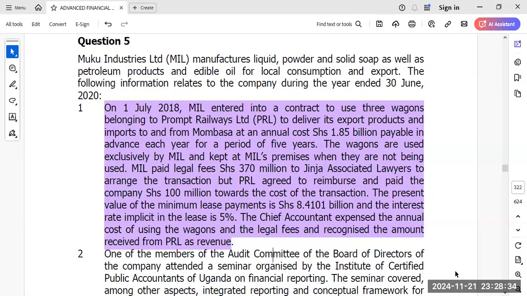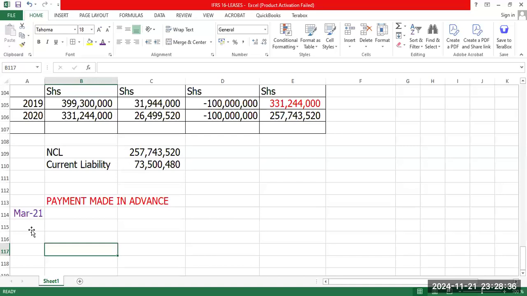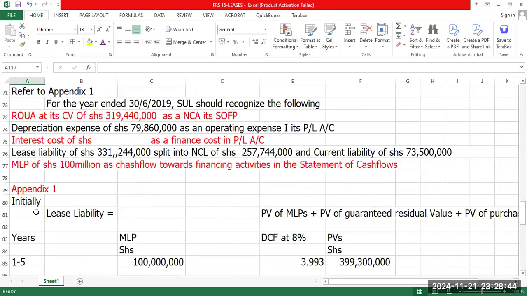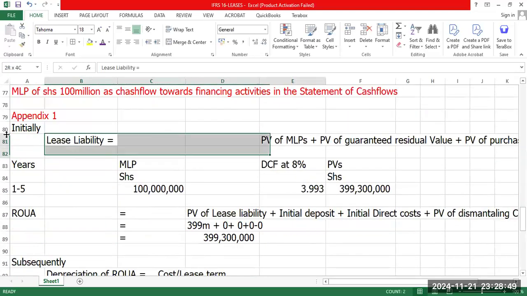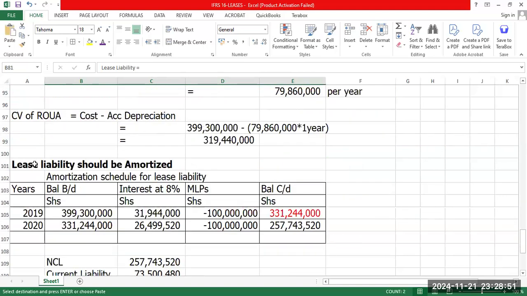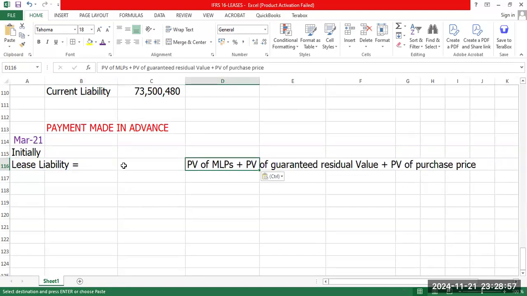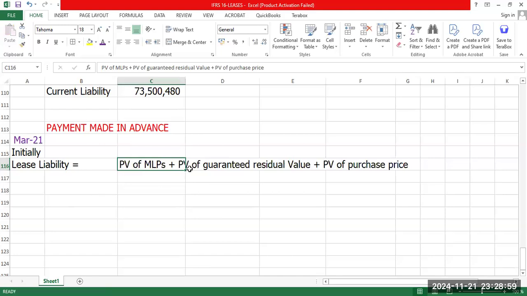You need it simply, put initially. Initially, we bring that, okay, that is initial. So we don't have residual value, we don't have purchase price.